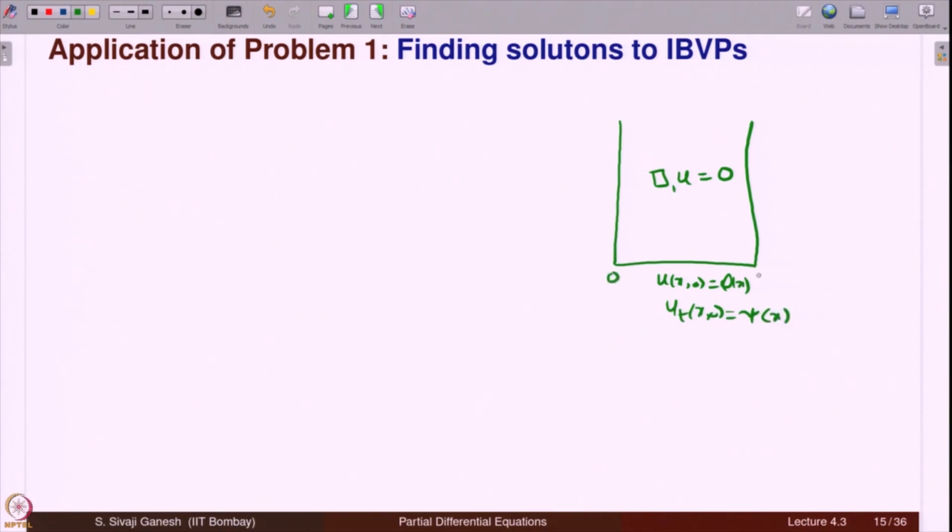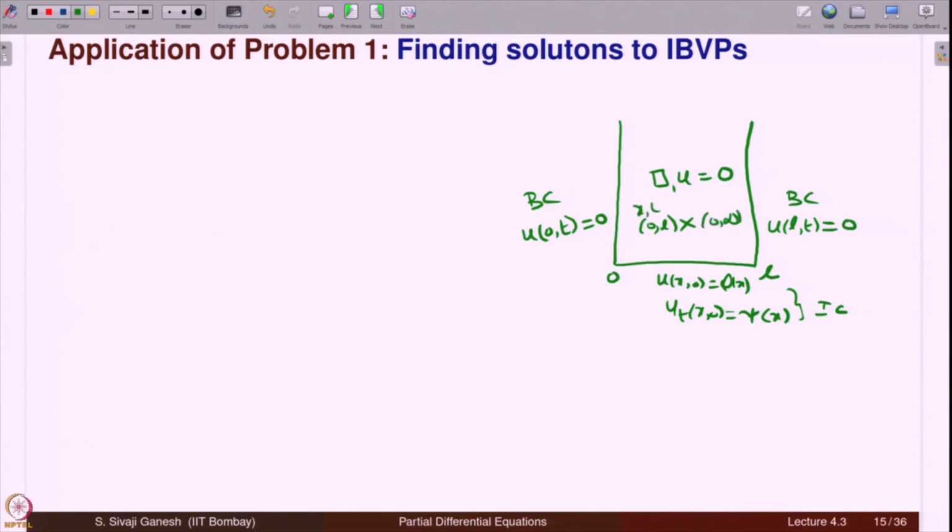So on the interval 0 to L, we are defining u of 0 comma t to be 0, which is a boundary condition, and u of L comma t equal to 0, which is also a boundary condition. These two are initial conditions. That means we have a finite string 0 to L, and we are interested in studying solutions of the homogeneous wave equation in this domain, which is 0 to L cross 0 to infinity.